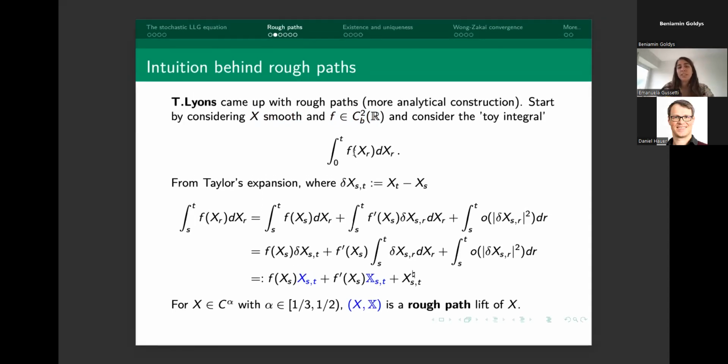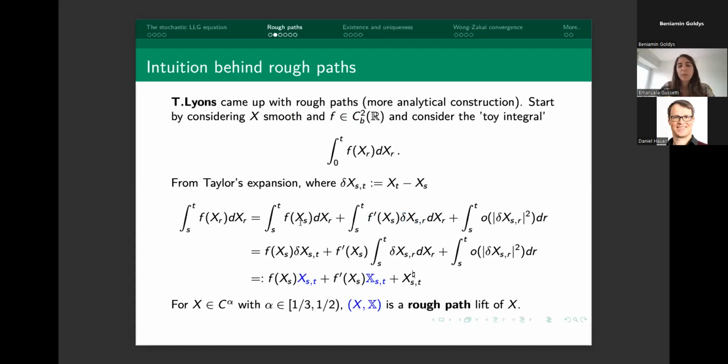One way to look at this is to do a Taylor expansion: in f of x_r, we do the Taylor expansion around x_s. So we get f of x_s, and the first derivative of f at x_s times the increment. I will denote increments with this fancy delta, so the increment r minus s, integrated, and then we have a remainder, some rest.